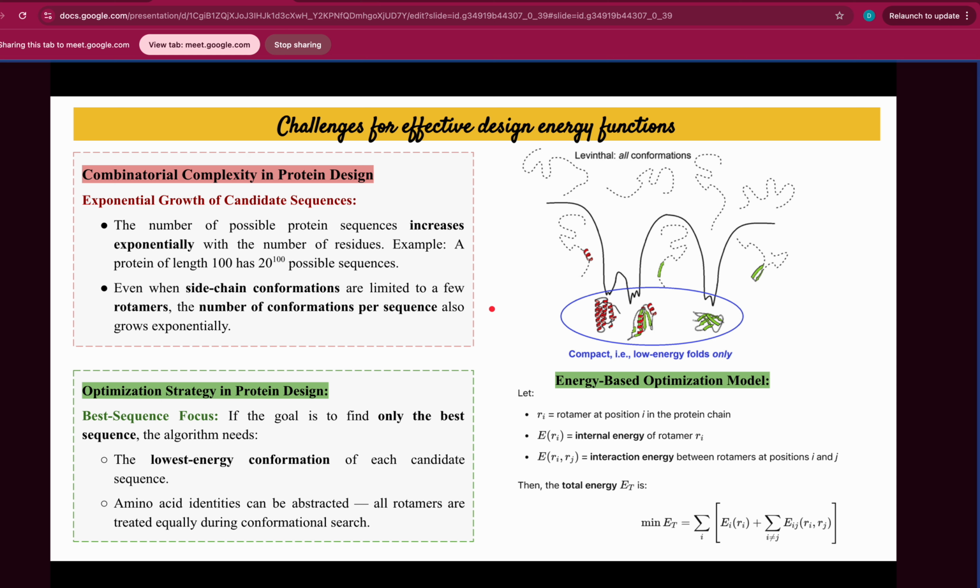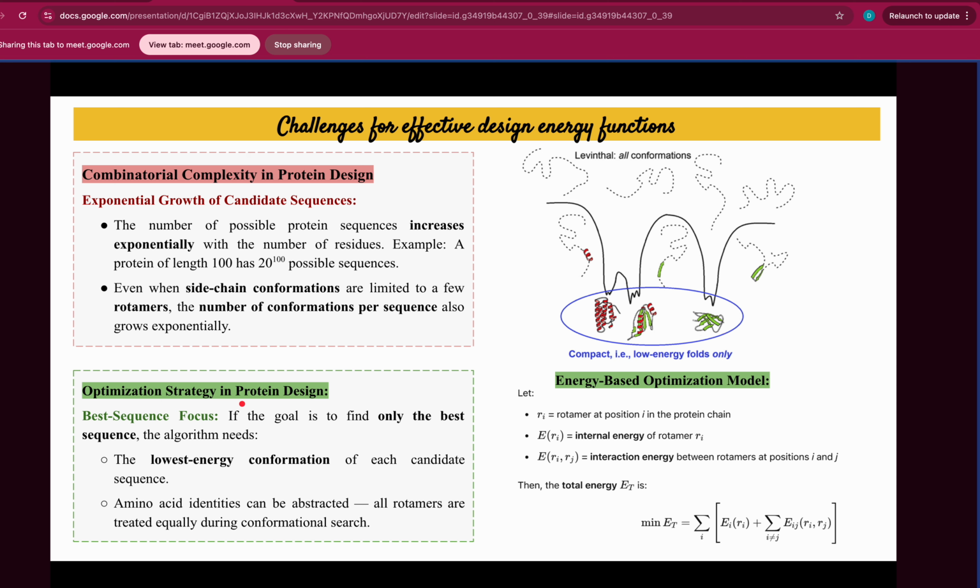This brings the challenge that although you are making certain mutations, you cannot be 100% sure what structure your protein will adopt, because there are different alternate structures possible for the protein of your interest. So we have different compact protein structures, low energy folds, and which structure our protein will adopt is still a challenge.